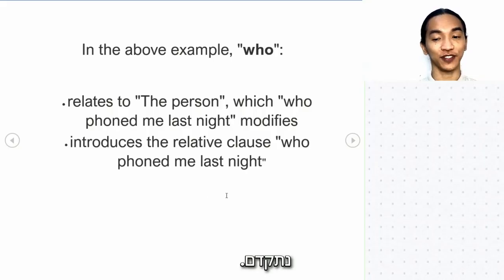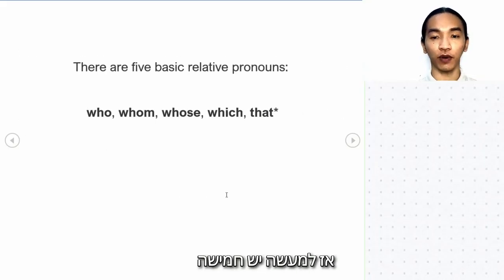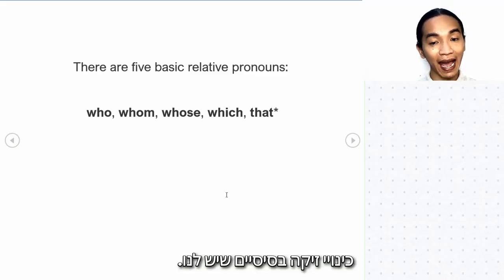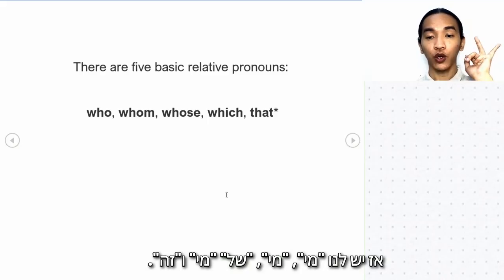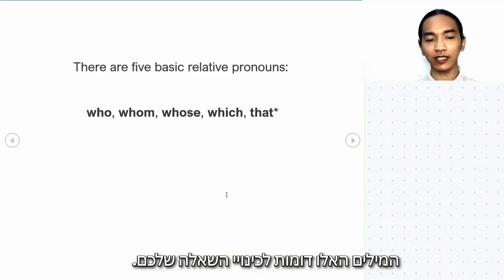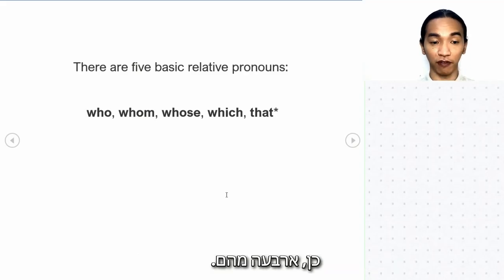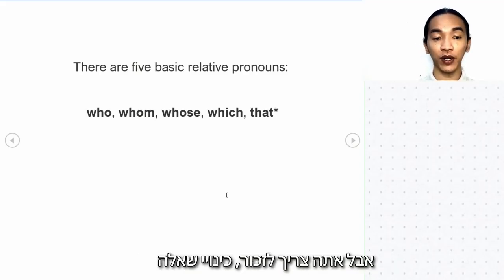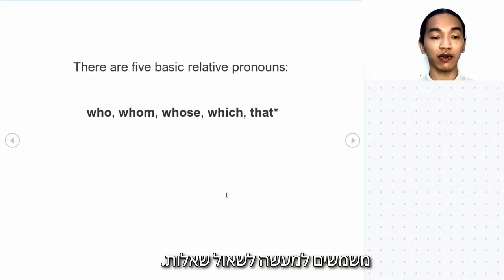Moving forward, there are 5 basic relative pronouns that we have: who, whom, whose, which, and that. You might be wondering, these words are just similar to your interrogative pronouns. Yes, 4 of them, but remember that interrogative pronouns are used to ask questions.